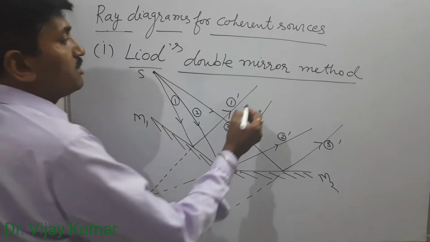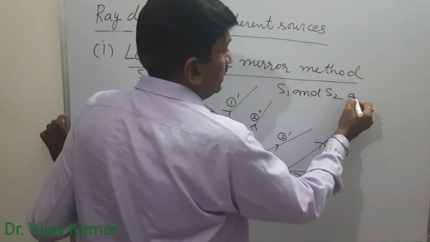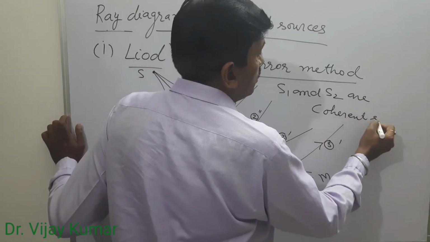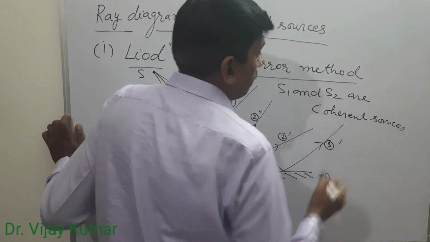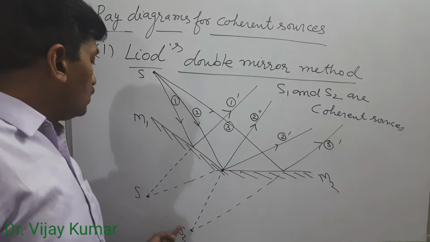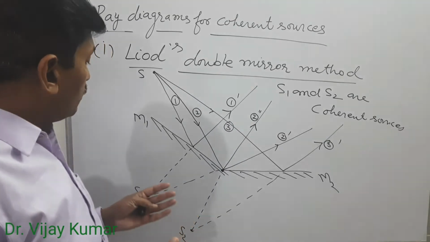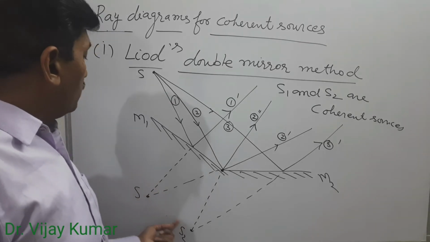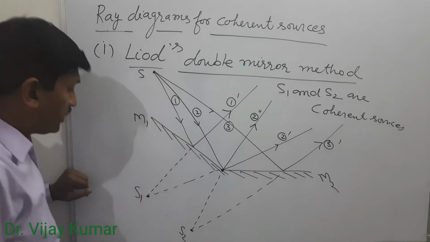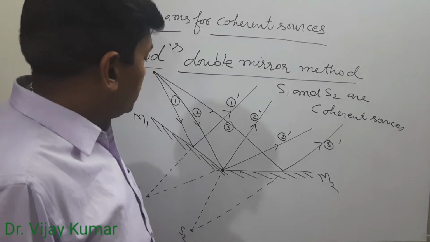It means S1 and S2 behave like coherent sources. The waves produced by these two sources remain coherent, and the phase difference between S1 and S2 is always constant, or we can say the path difference remains constant.